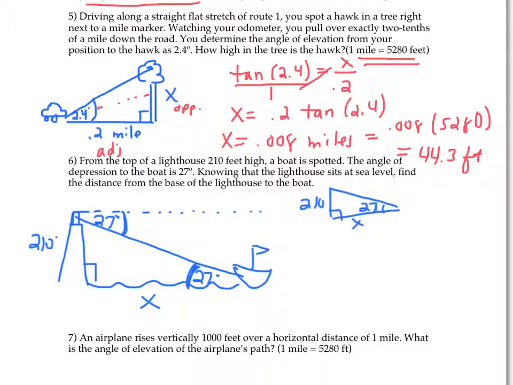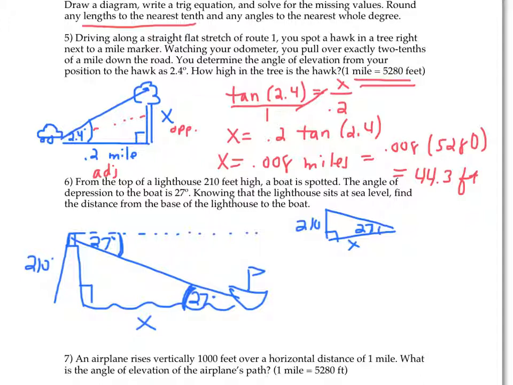Okay, so if we take a look at that diagram, we're still going to work with tangent. We're going to say the tangent of 27 is equal to 210 over x. Okay, we're going to cross multiply. We get x times the tangent of 27 equals 210.